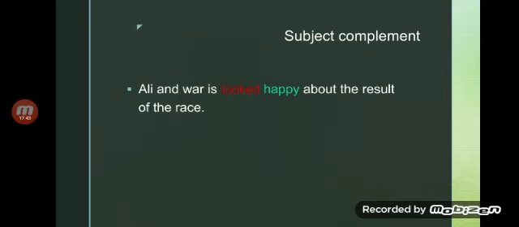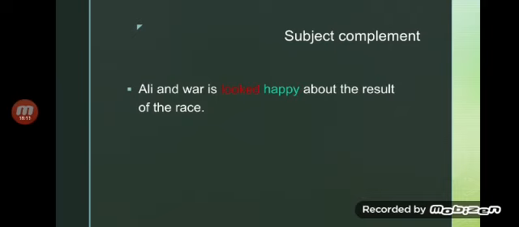So this was all for the complements, and let me read some further examples for you of what could be in the subject complement. The teacher is happy, they were politicians. These are the two examples. They look tired.